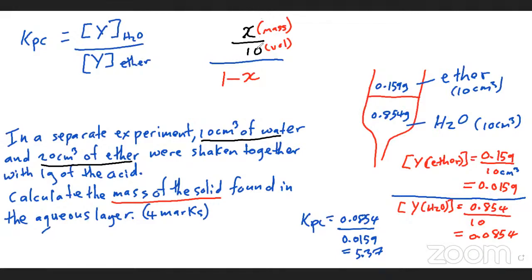So X over 10 here, that is mass concentration. 1 minus X would be finding the mass remaining in the other layer. So 1 minus X here, that is mass. And they are dividing it by volume, which is 10. All right, wait, not 10, 20.